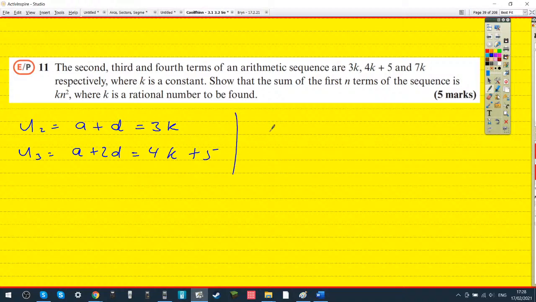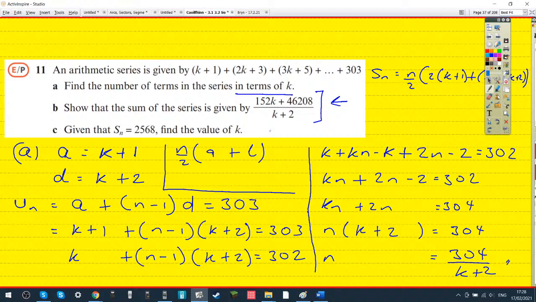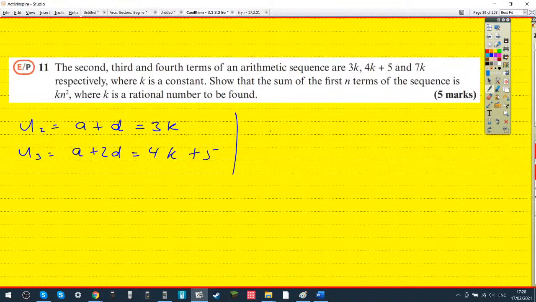There was something that wasn't available in the previous one because it was identical that I think will be available in this one. These two, what is D? K plus 5. These two, what is D?